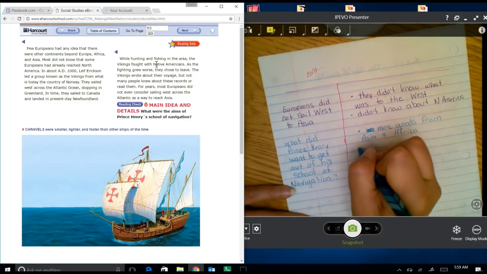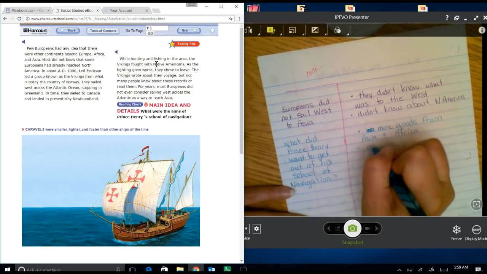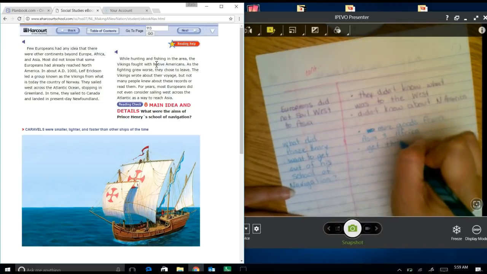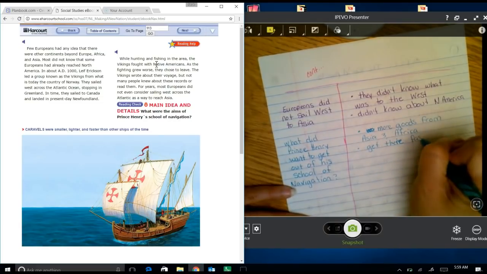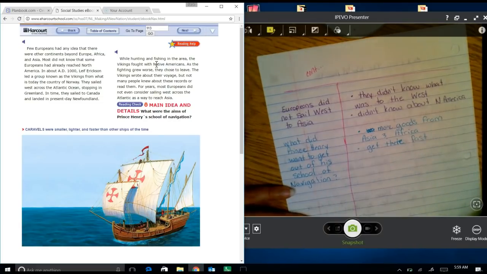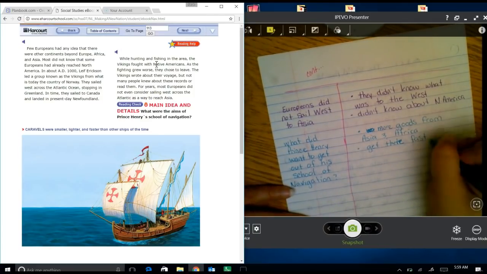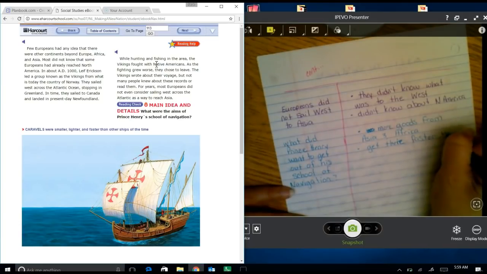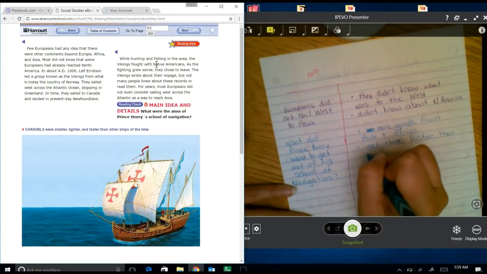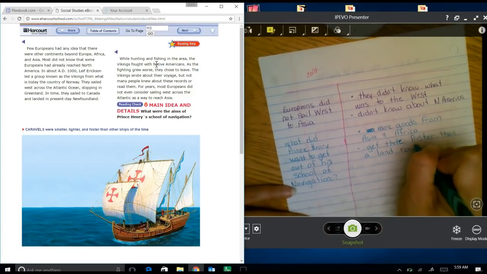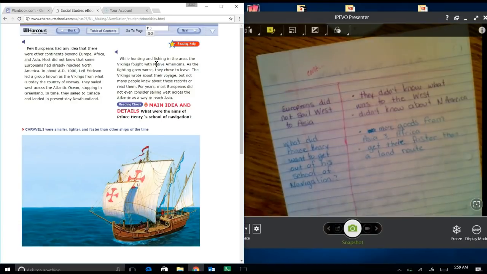Okay, he wanted to get there faster. Remember, cross land, guys, there's not roads and fast cars and trucks. They're moving very slowly across the land. Okay? He wanted to be able to get there faster.